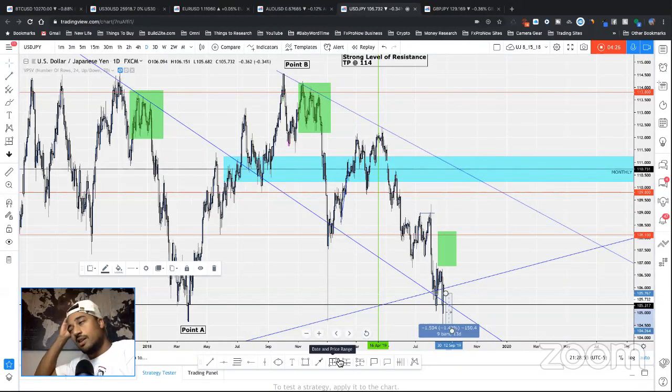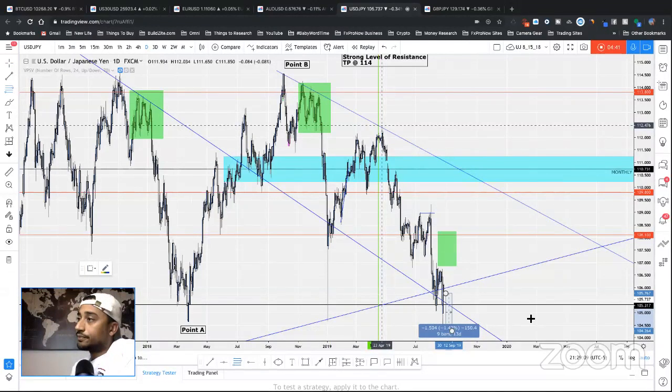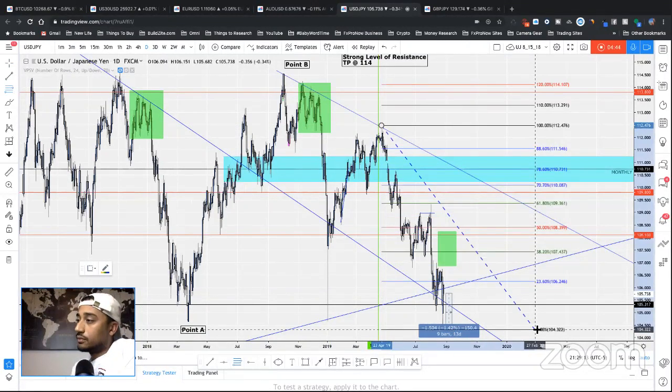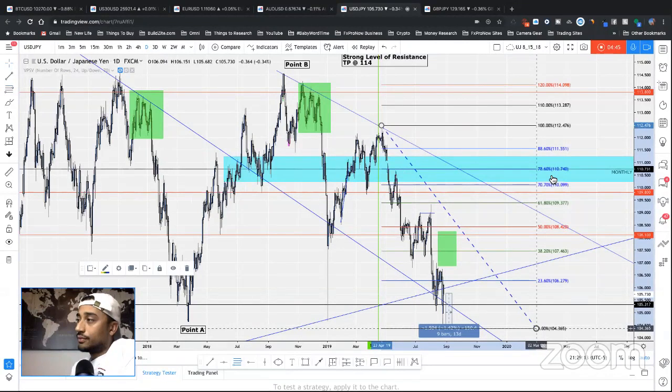US dollar, Japanese yen. Let me see something. Yeah, 78.6 is here. And this is why I tell people you want to find pairs and stick with them.